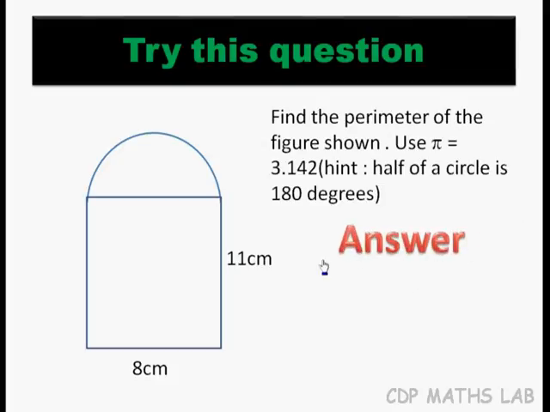Answer. Did you get this answer? 42.6 centimeter? Well, if you did, you must give yourself a clap. But for those of you who did not get this answer, don't feel any way. All you simply need to do is remember the total distance around.